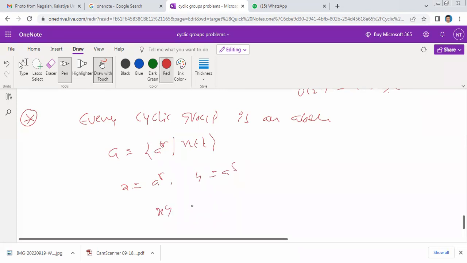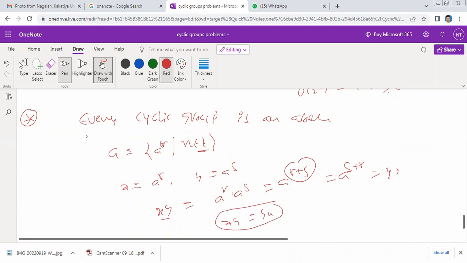So xy is a to the power r times a to the power s, where r and s are integers. That is a to the power r plus s, which is also a power s plus r, which is yx. Therefore xy equals yx. Every cyclic group is always an abelian group.